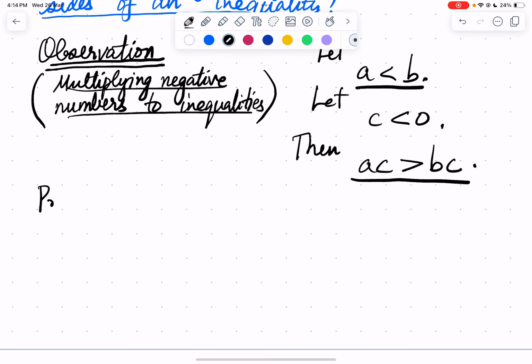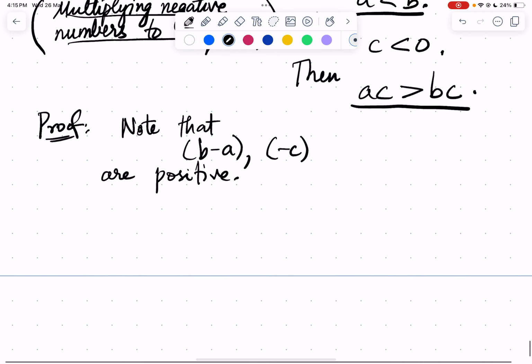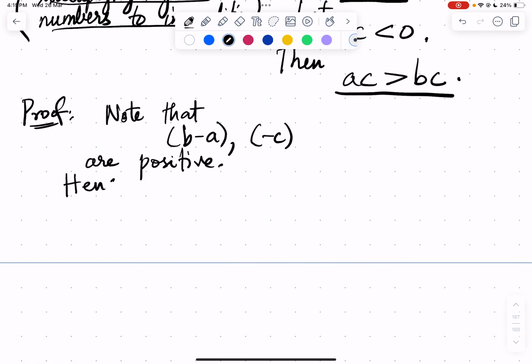So here's the proof. Note that B minus A and minus C are positive. Hence, minus C into B minus A is positive.